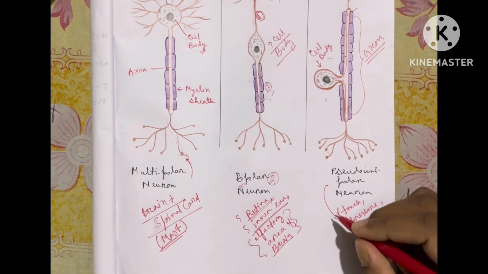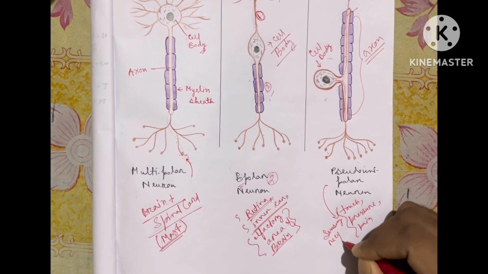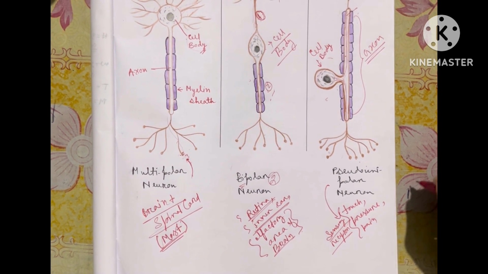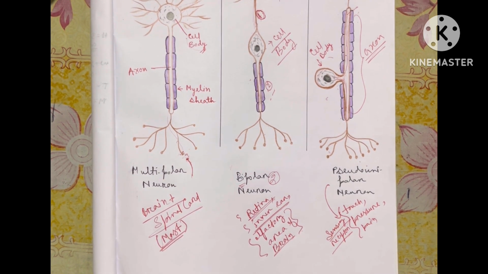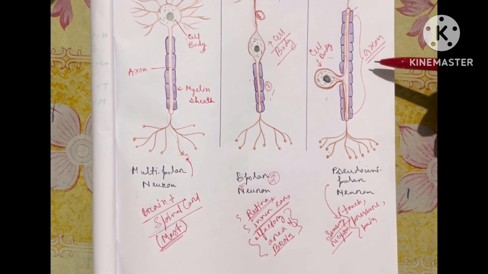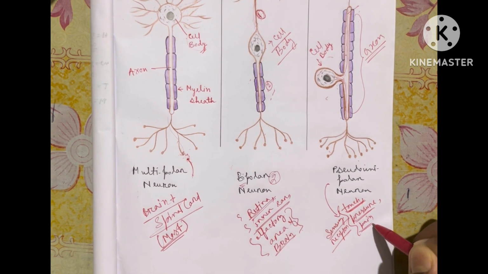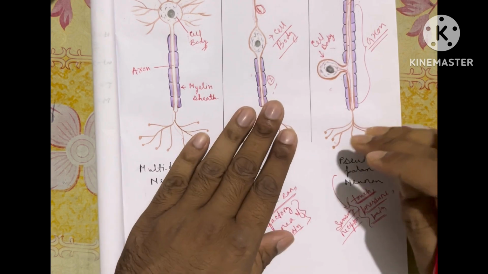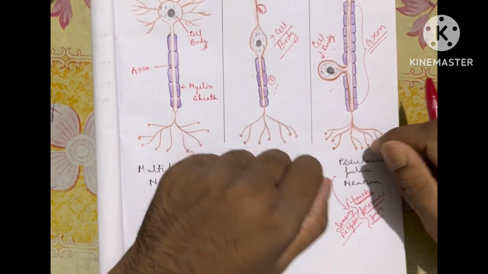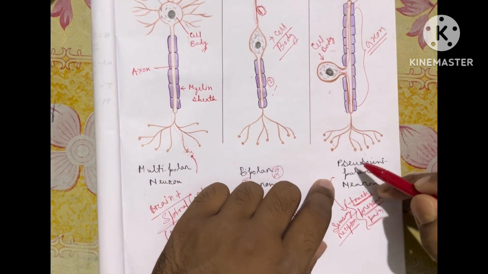So these pseudounipolar neurons act like a sensory receptor, or they help in sensory signal transduction. We have two types of neurons, sensory neurons and motor neurons. These pseudounipolar neurons act like sensory neurons, which carry signals like touch, pressure, pain. If you have touched something, that signal will go from the periphery towards the brain with the help of these pseudounipolar neurons.